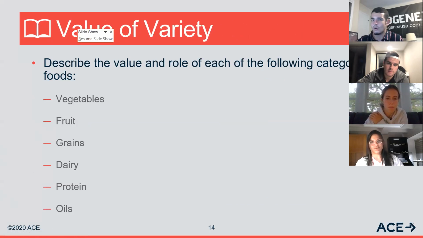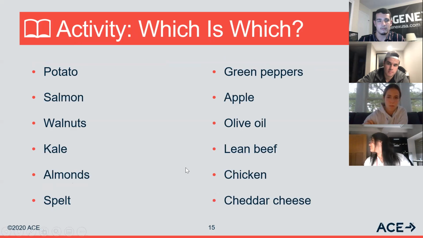Technically, potatoes are a starch, so therefore it's a carbohydrate. Right. So lots of different, we can put these into a lot of different categories. You could just call it a carbohydrate. You could call it a grain. You could call it a vegetable. And none of those would be wrong. Oops. I'm dealing with two different screens at the same time here.